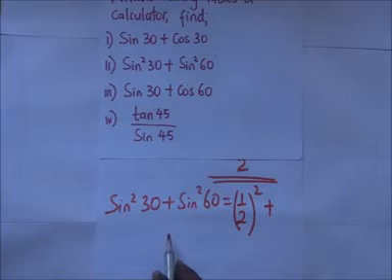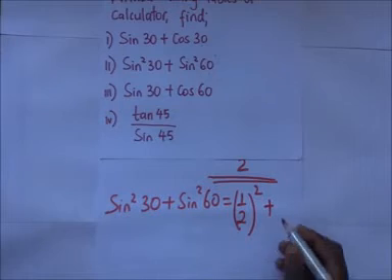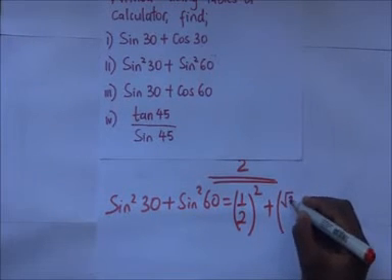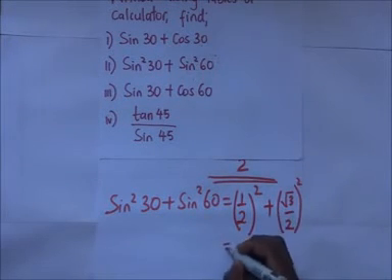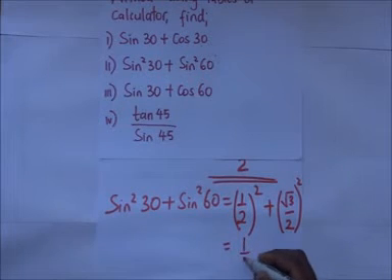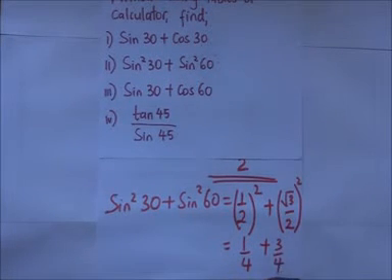Now the sine of the angle of 60, the ratio we got was root 3 over 2, so it's root 3 over 2 squared. So we shall end up with 1 over 4 plus 3 over 4, and our answer here is 1.